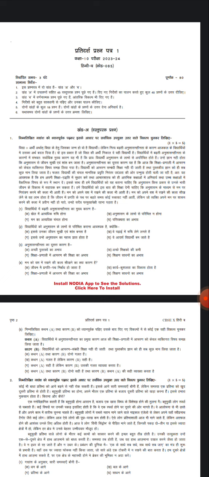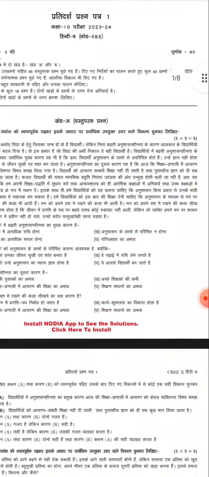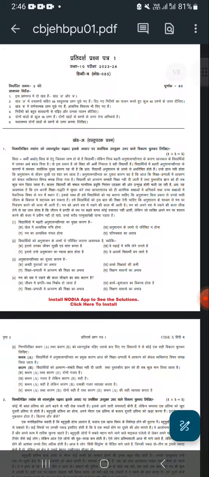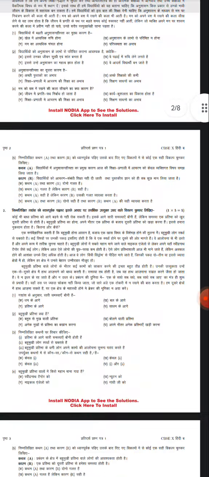As you can see, I have taken a sample paper here. I'll be leaving the question paper in the description box. It starts with Khand A as usual. Starting, you will have an unseen passage as you can see here. There is an unseen passage with a marking scheme of 5, in which you will have 5 MCQ questions to be done.